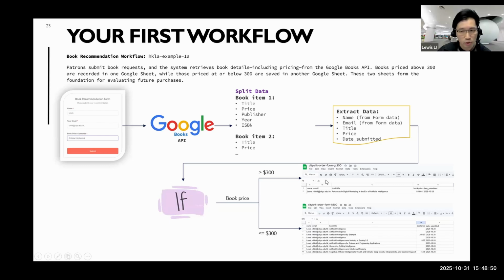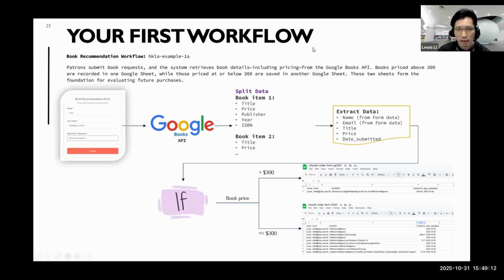So there will be 2 Google Sheets eventually: one with the book price greater than 300, another with less than 300. So I will have 2 lists, and these 2 lists will be used for further processing, maybe passed to different persons. All right, so I would like to show you the result.